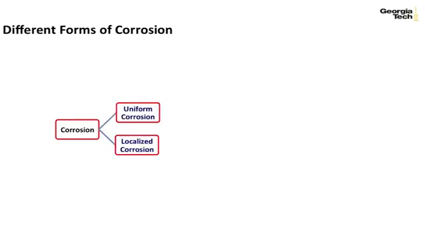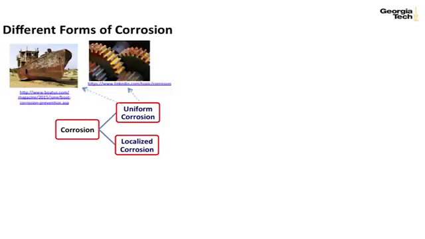If we look at different forms of corrosion, you can think of corrosion as either uniform corrosion or localized corrosion. Uniform corrosion, for example corrosion of ships, automobiles, bridges, infrastructure, or machinery, is a typical example where you see rust throughout the surface and metal loss is similar throughout that surface.